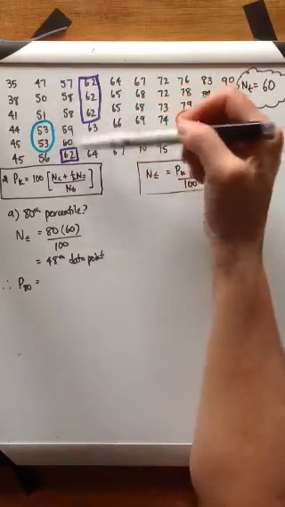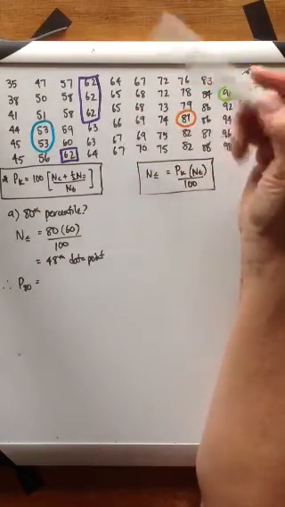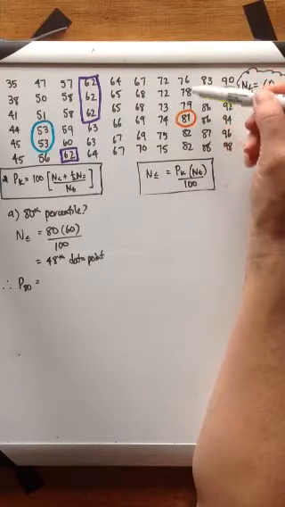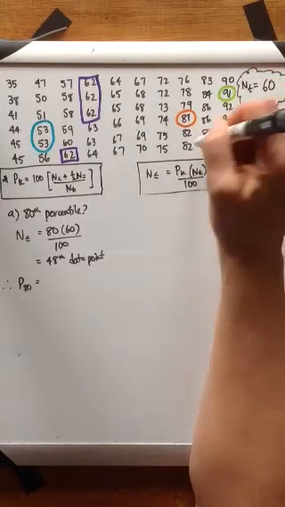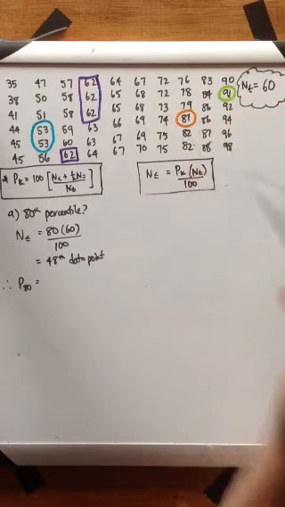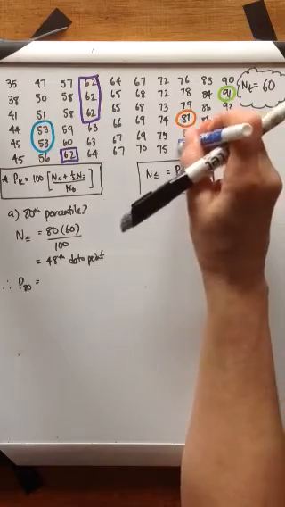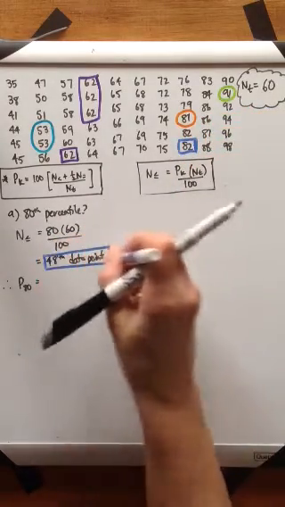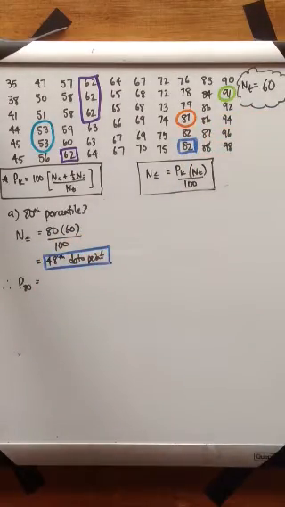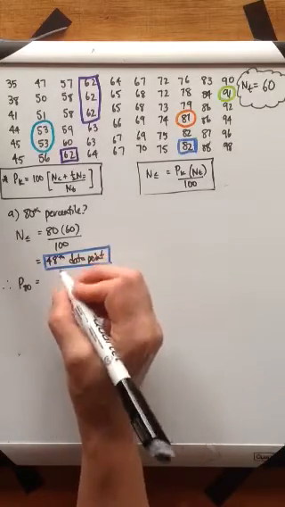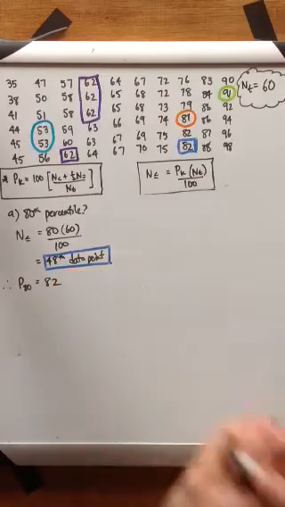So 6, 12, 18, 24, 30, 36, 42, and another 6 would take us to this one there. So here's our 48th data point. Therefore, the value at the 80th percentile is 82.